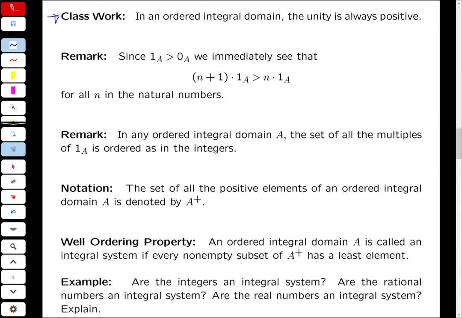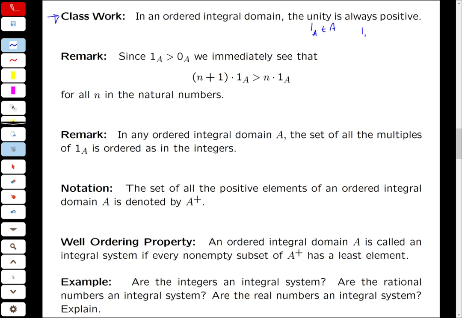But I thought, well, what do you know already? Your hypothesis, let A be an ordered integral domain, you know 1 sub A has to be in it because an ordered integral domain contains the unity element.